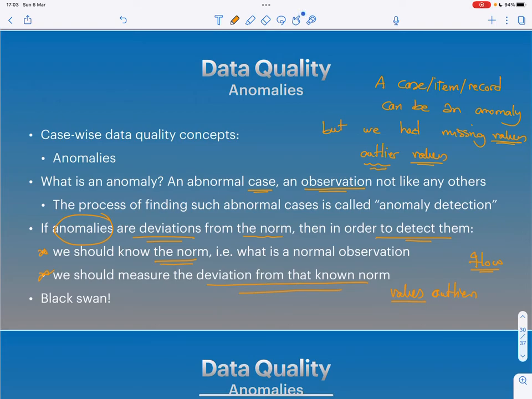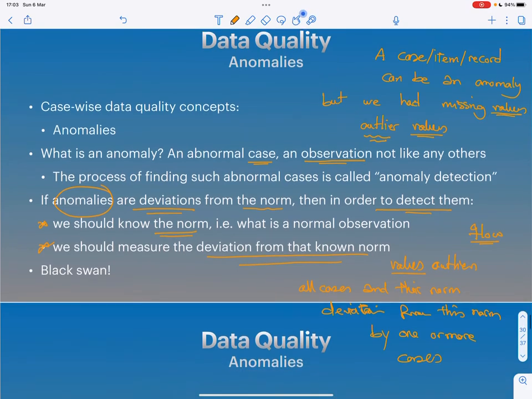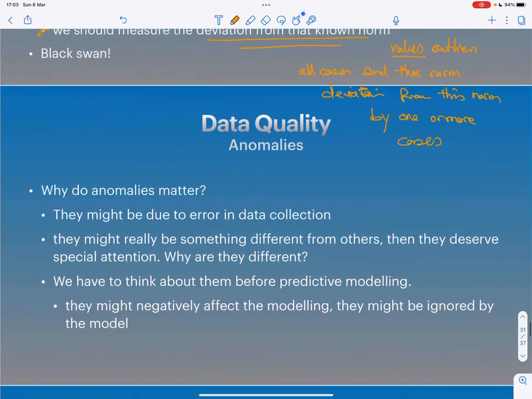So it's about all cases and their norm, and at the end, deviation from this norm by one or more cases, okay, one or more records. So this is a very, very fundamental difference.